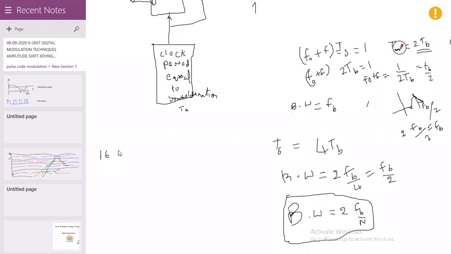Bandwidth is 2 into FB by N, which is 2 into FB by 4 for both. That means the bandwidth of 16 PSK, or M-ary PSK, and the bandwidth of M-ary QASK are the same.